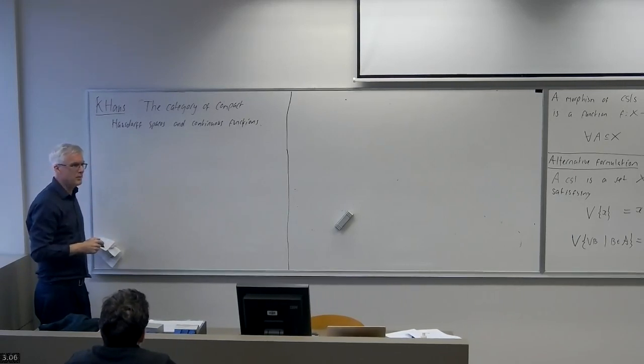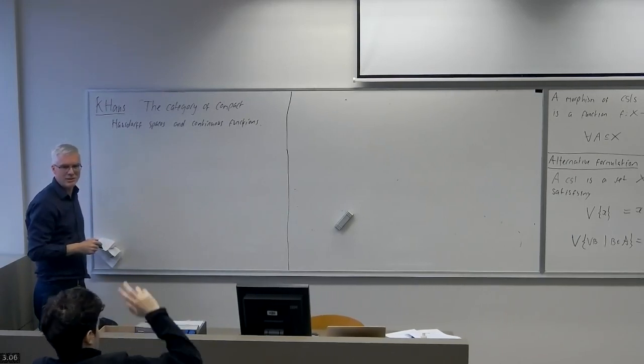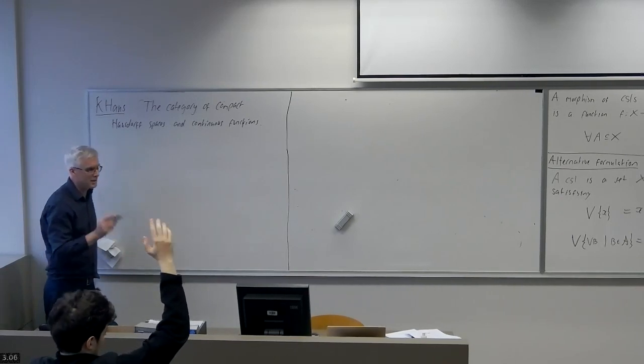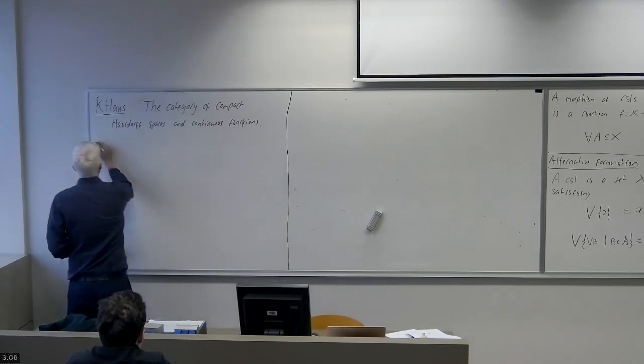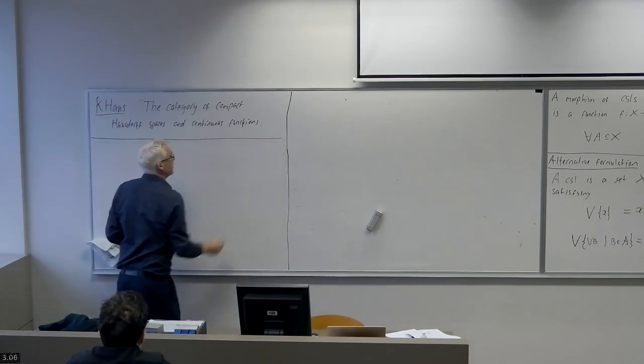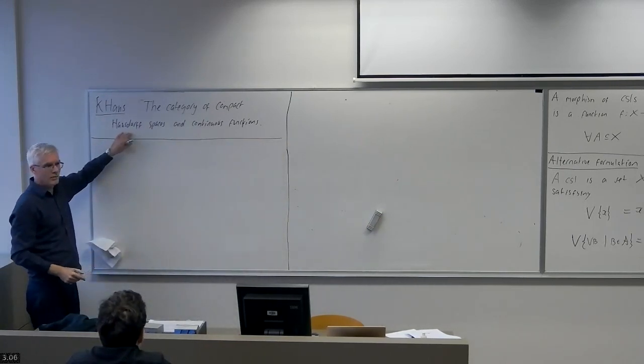So just hands up if you know what a compact Hausdorff space is anyway. Yeah, okay, so everybody in the room at least knows what we're talking about. So this does not look like a category of algebraic structures at all. It's a category of topological spaces and continuous functions.